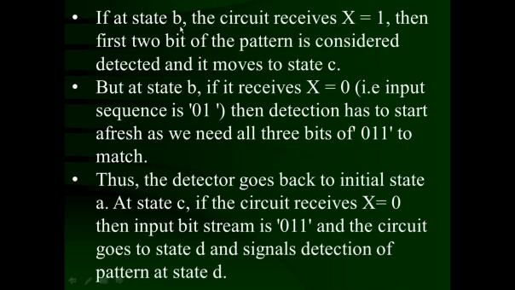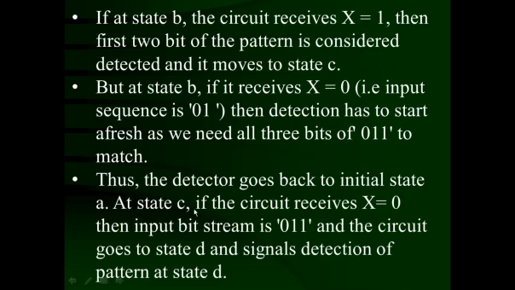If at state B the circuit receives x is equal to 1, then the first two bits of the pattern are considered detected and it moves to the state C. But at state B, if it receives x is equal to 0, the input sequence is going to be 0 1. Then detection has to start afresh, as we need all three bits of the pattern to be matched. Thus the detector goes back to the initial state A.